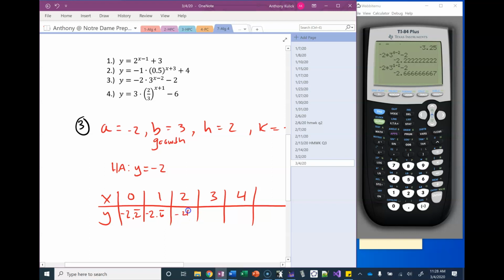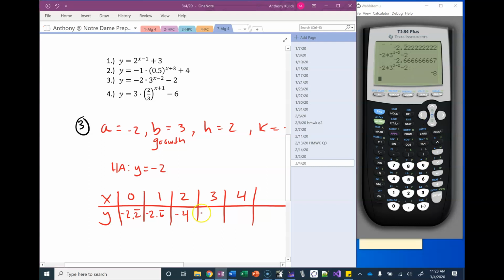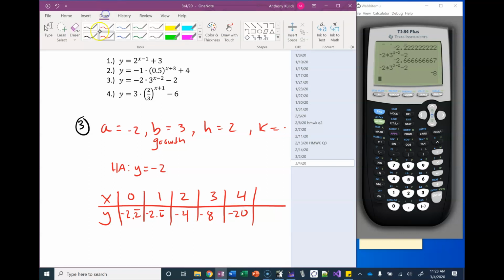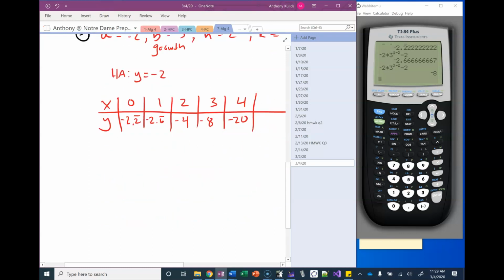That's negative 4. I guess I could probably do the rest of these in my head, to be honest with you. Negative 8. And then the last one is negative 20. Okay. So there's my XY table.